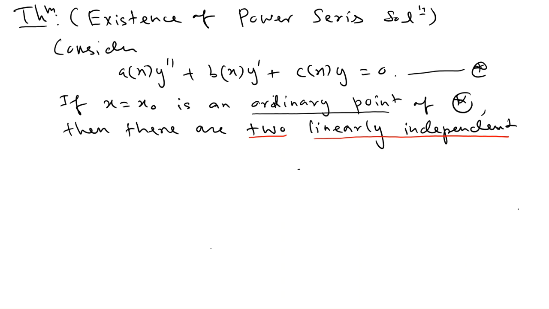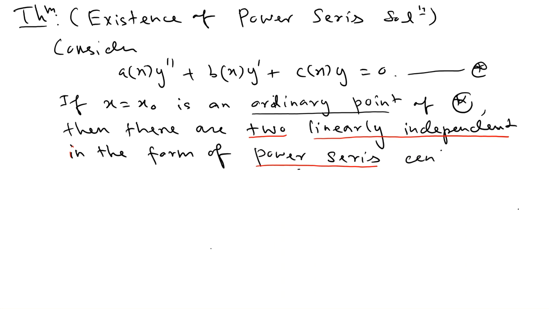There are two linearly independent solutions in the form of power series centered at x equals x naught.